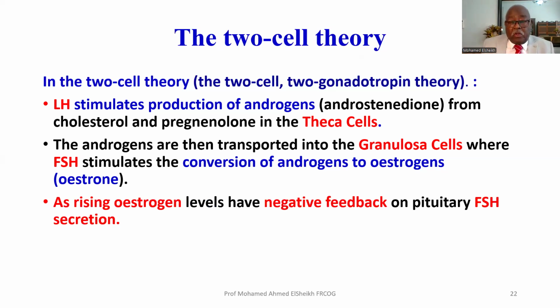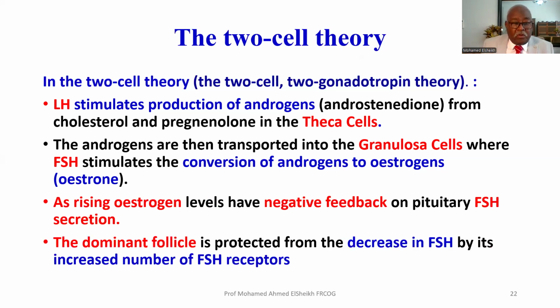So rising estrogen levels have negative feedback on the pituitary FSH secretion, while the dominant follicle is protected from the decrease in FSH by its increased number of FSH receptors. Why the dominant follicle does not go atresia like the others is because it is protected by the increased number of FSH receptors. Though the FSH may be low, the receptors are more.